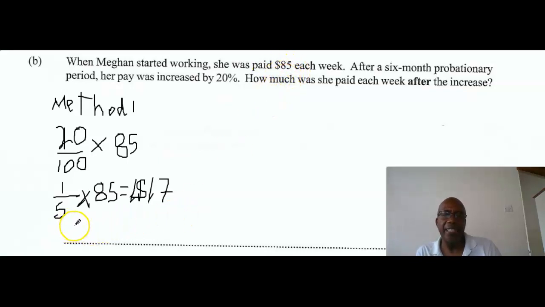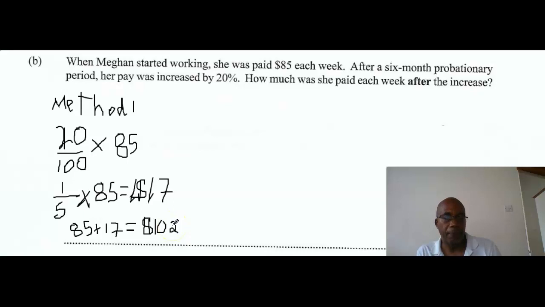So really the answer is 85 plus 17. And this will give you $102, which is the answer.